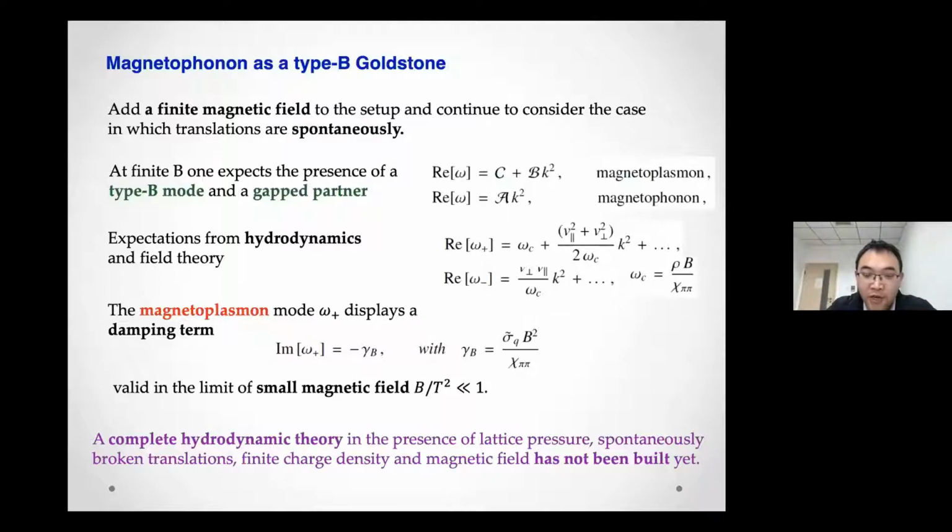So it's natural to have different behavior at a large magnetic field, because the hydro framework breaks down. At least the present framework cannot make any prediction. I see, thank you.